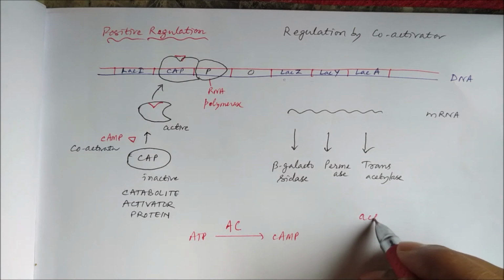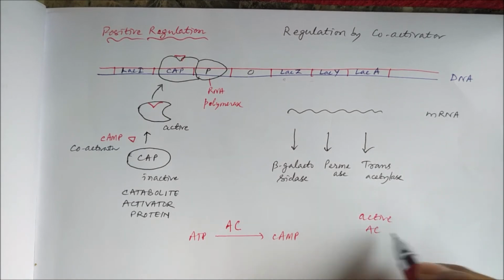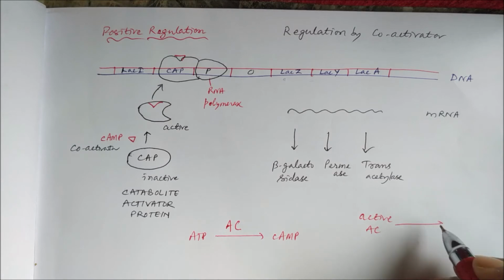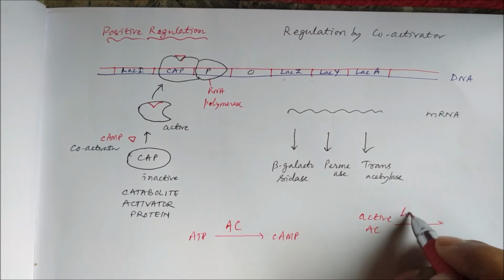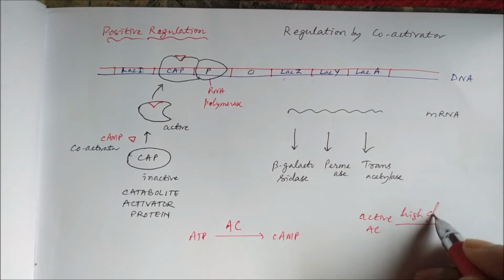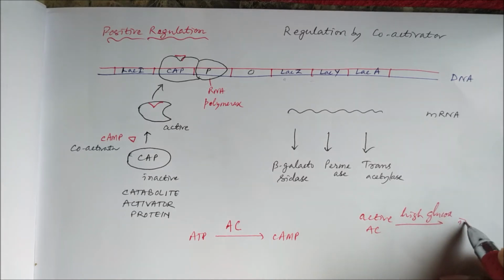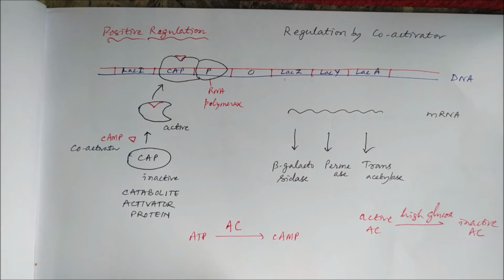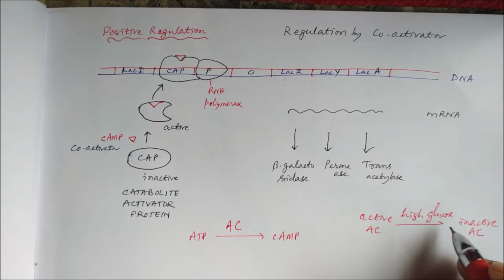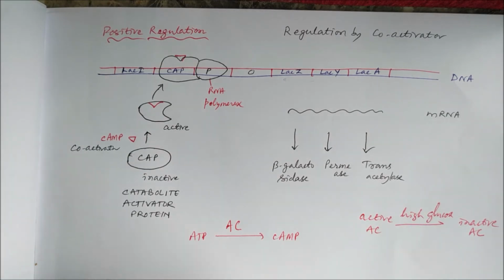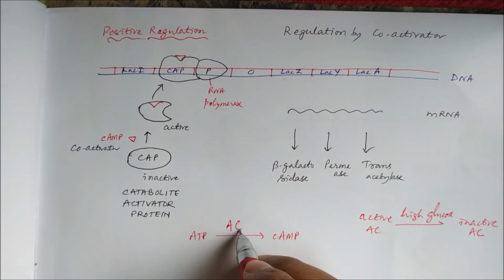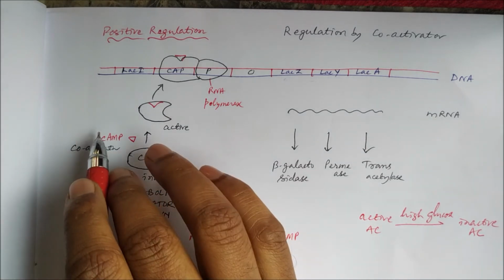So we can say active adenylate cyclase in presence of high glucose becomes inactive adenylate cyclase. So in presence of high glucose, or when lactose is degraded to glucose, this adenylate cyclase becomes inactive and there will be no cyclic AMP production.